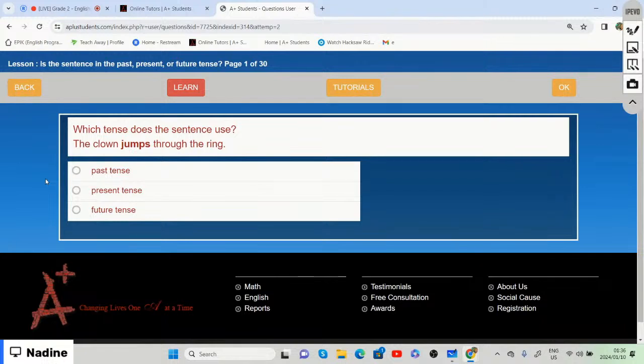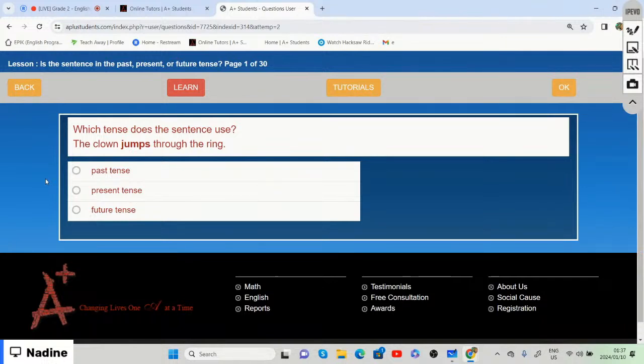The clown jumps through the ring. So one clown jumps through the ring.